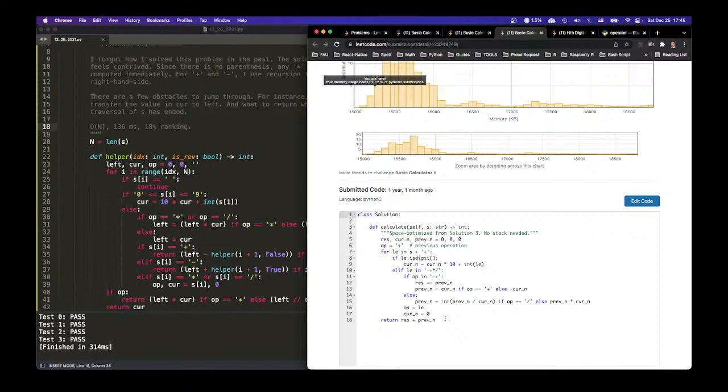Okay, and operator will become this. Hold on, what are you saying? The result will equal to this one, right?